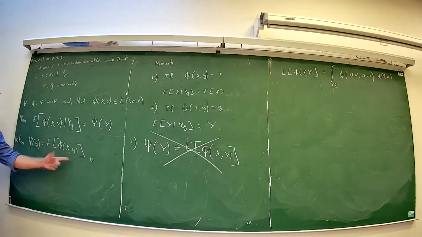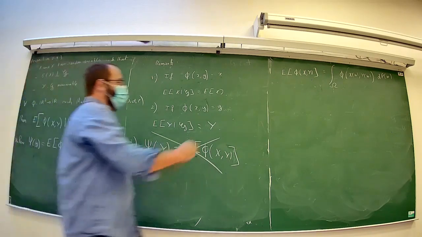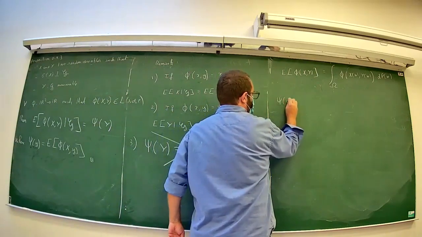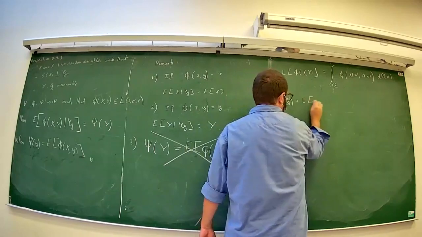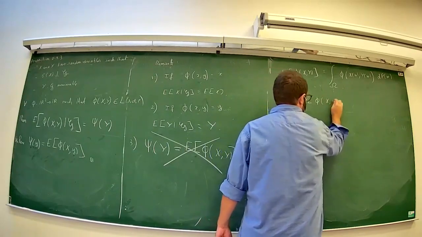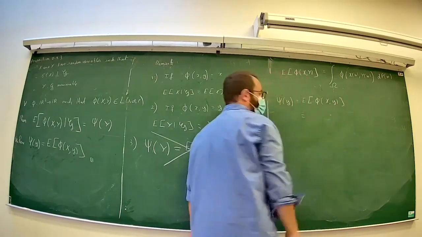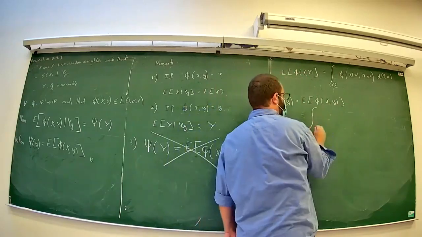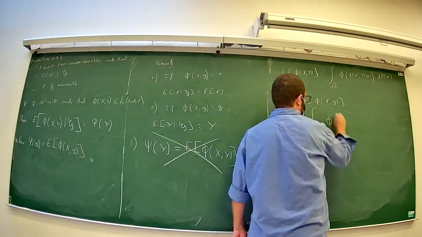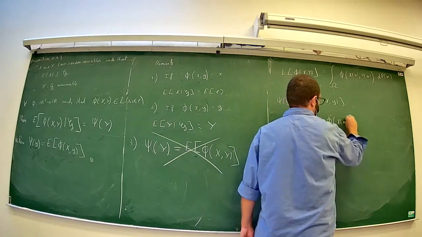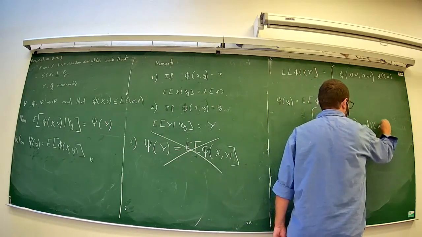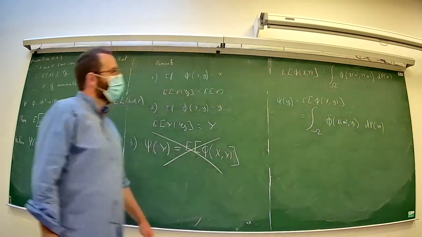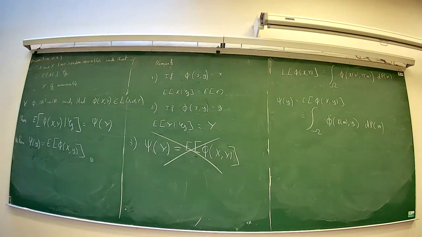Psi of y is also a number, but depending on y. So psi of y is the expectation of phi of X, y, that I can write as the integral with respect to omega of phi of X(w), small y, dP of w.